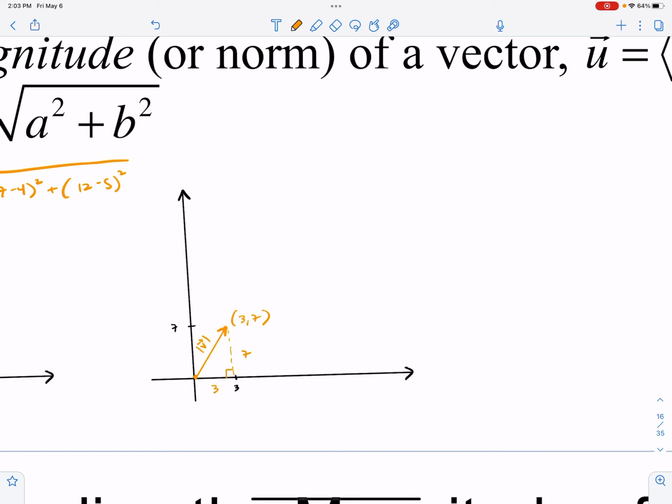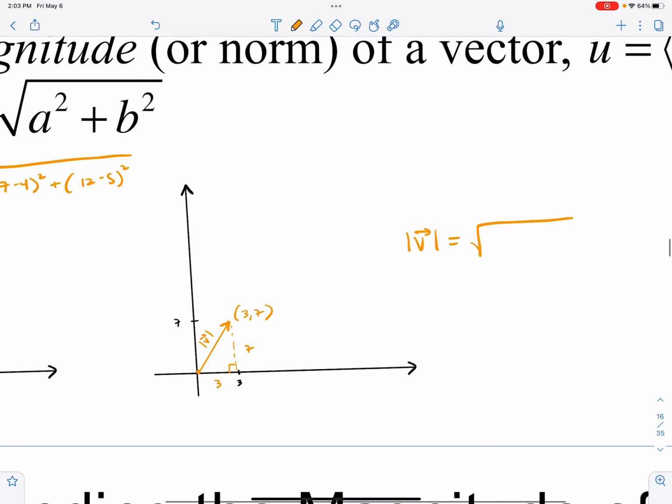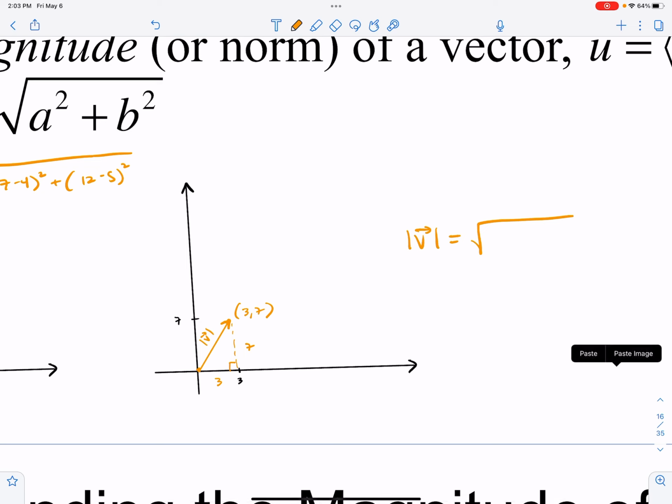So we could just use the magnitude of v would be the square root of 3 squared, right? This is going off of Pythagorean theorem. So this is for the vector that's in standard position. And if we thought about using Pythagorean theorem, the magnitude of v squared would be equal to 3 squared plus 7 squared.